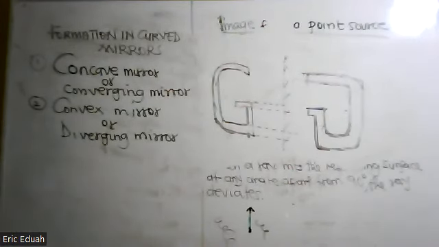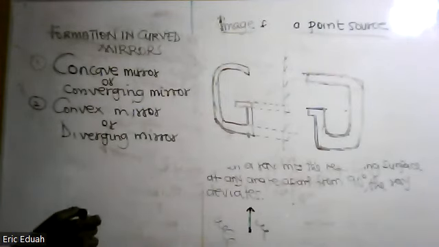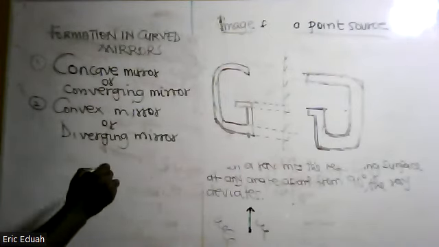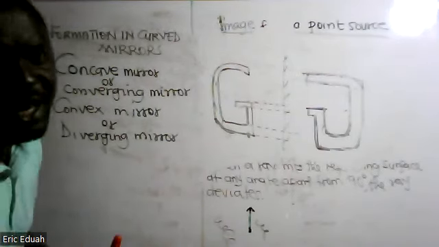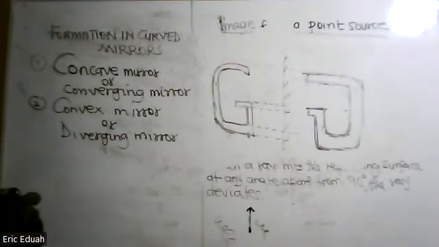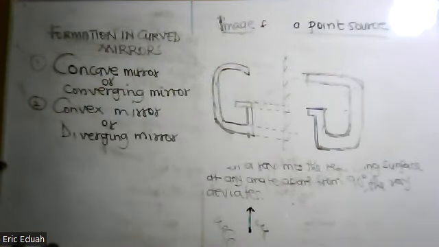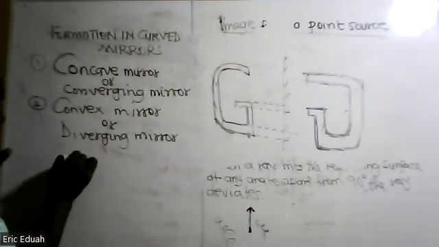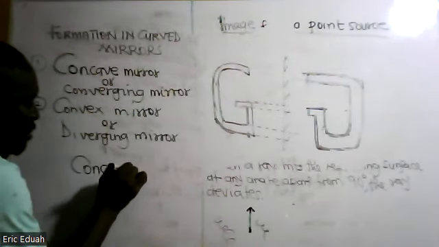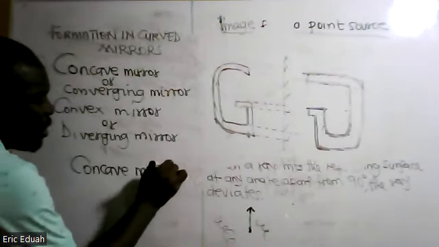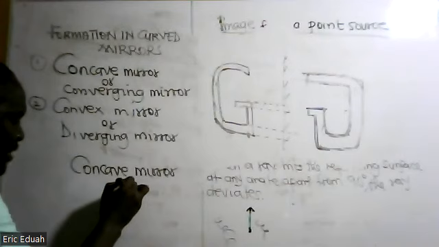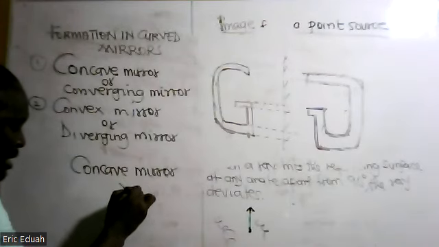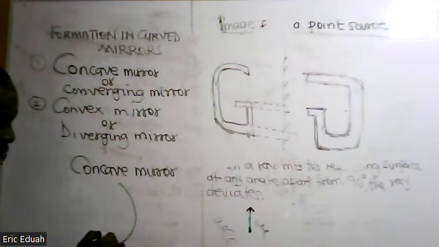What is a concave mirror? Or how does a concave mirror look? You see, a mirror is characterized by indicating where the reflecting surface is, and then the coated surface also is. So with a concave or convergent mirror, we have the reflecting surface curving in.